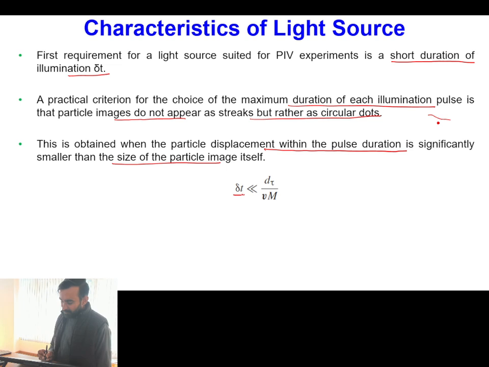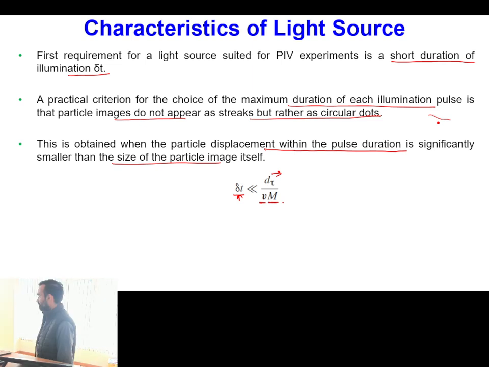So here there is one limiting condition, that the pulse delta t should be less than or equal to d, where d is the diameter of the particle, divided by its velocity field and M, where M is the magnification factor if we are using a camera with some magnified conditions.